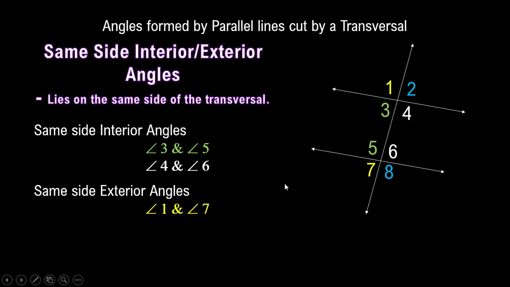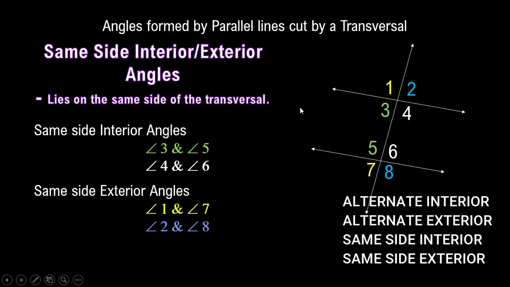And the second set is angle 2 and angle 8. So again, these are the third and the fourth kinds of angle which are formed when parallel lines are cut by a transversal. We have alternate interior and exterior. Then we have the same side interior and exterior angles.